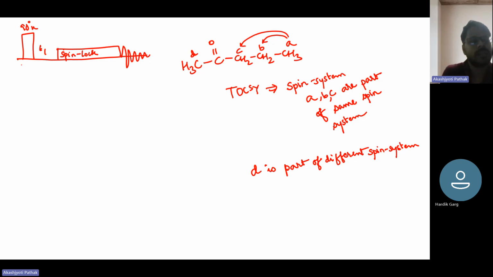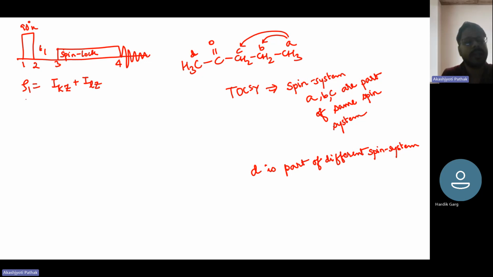Now, this is time points one, two. If you do the density operator calculations, what will you get? In this row one period, you have the K spin and the L spin oriented in the Z direction, so it is IKZ plus ILZ.